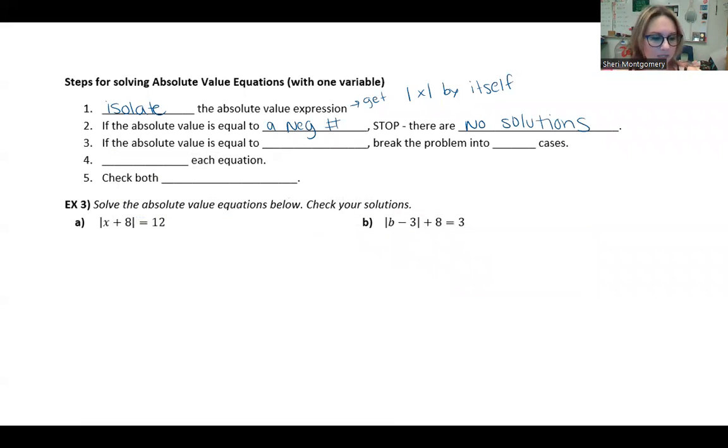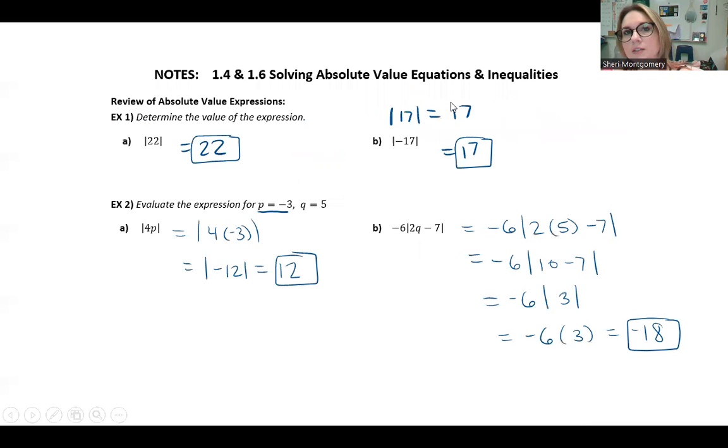Okay, continuing on. If the absolute value is equal to a positive number, we're going to break the problem into two cases. The reason why we have to break it into two cases is because of this.